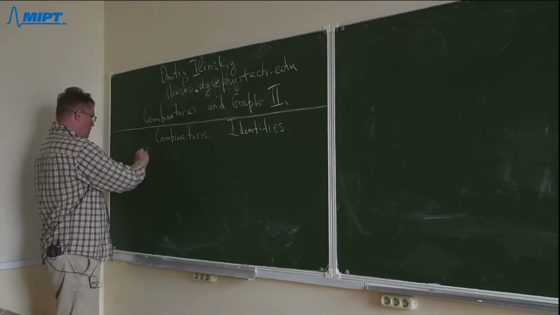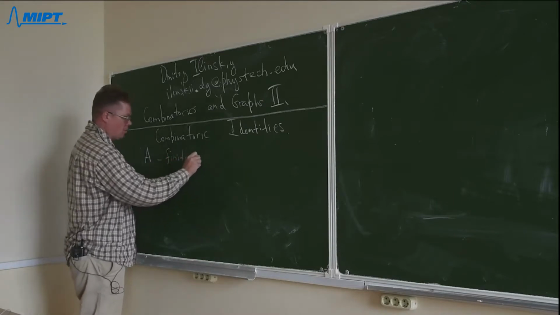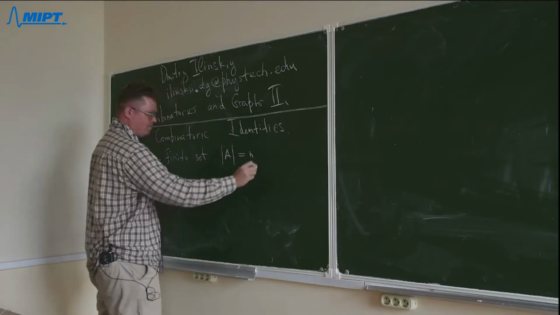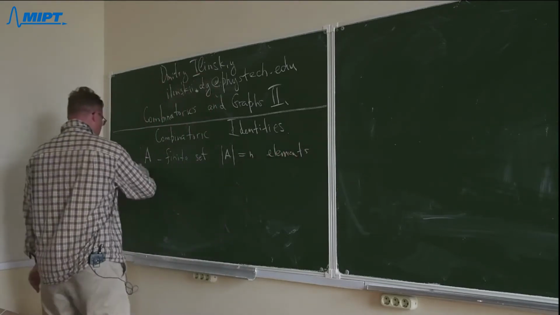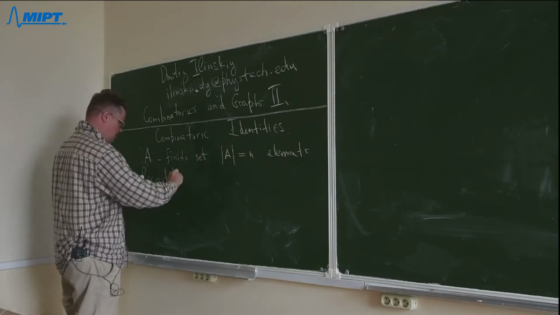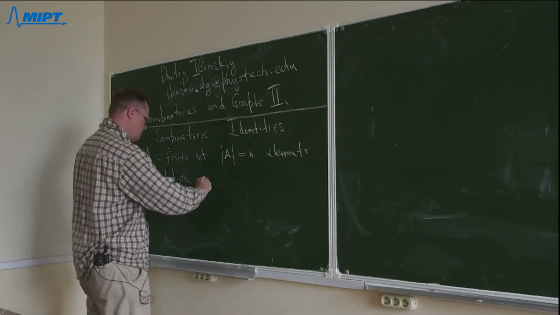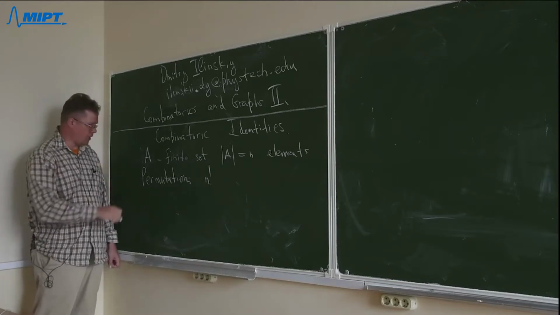If we have a finite set of n elements, then we can have exactly n factorial permutations of these elements.